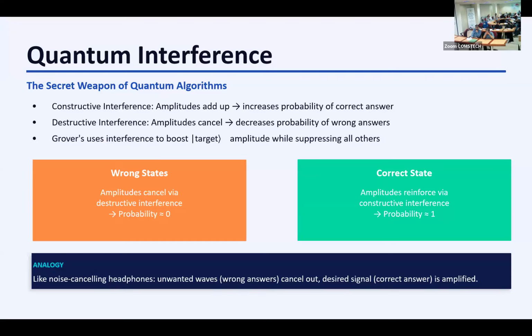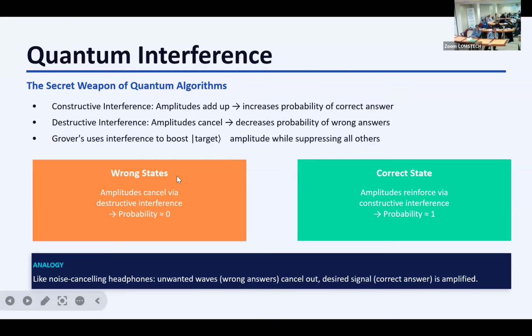And if we project one wave onto another, there are 2 possibilities: either we have a constructive interference or a destructive interference. The same phenomenon is what we are using here to amplify our state. So we want the wrong answer to get a destructive interference and the right answer to get a constructive interference.